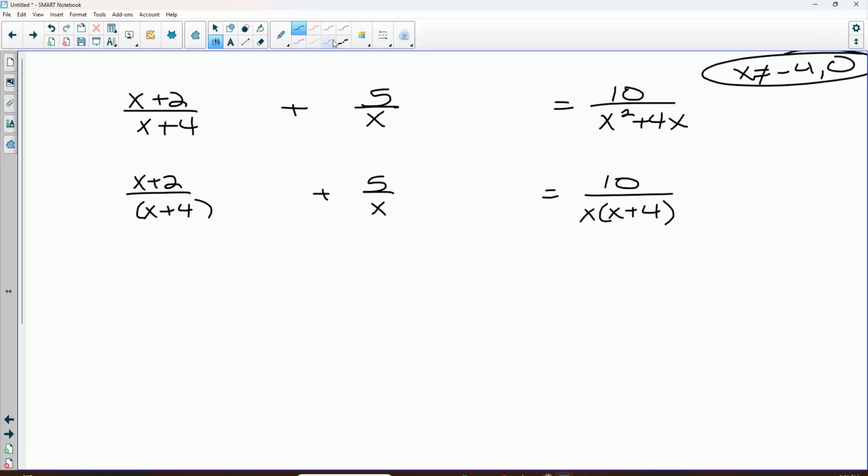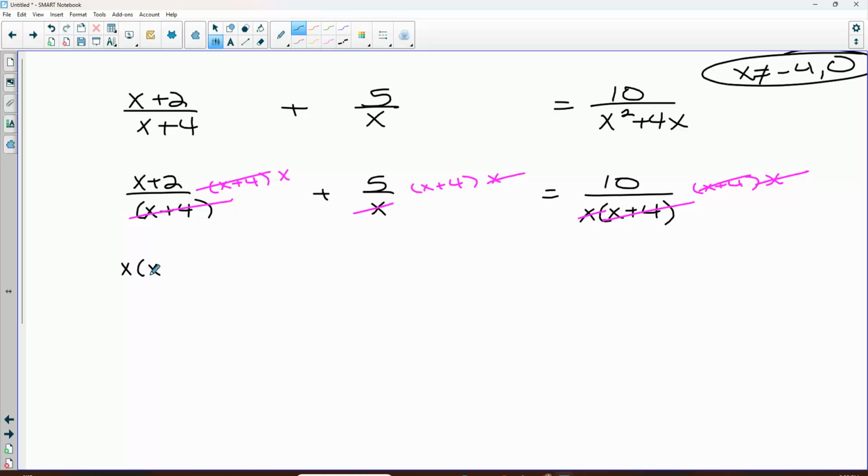All right, so then we get rid of them. This has x plus 4, so everything gets multiplied by x plus 4. So those cancel, and these cancel. I still have an x left on the bottom, so everything needs to be multiplied by an x. That cancels here and here.